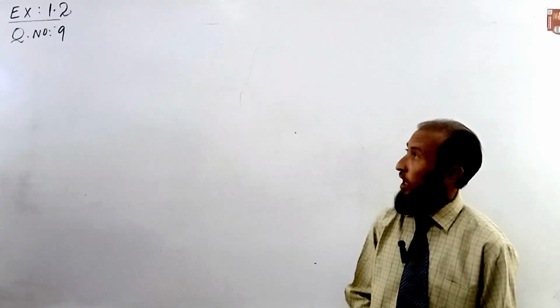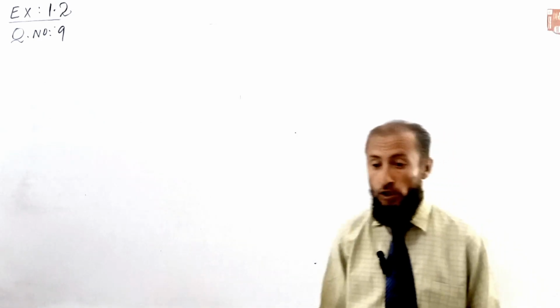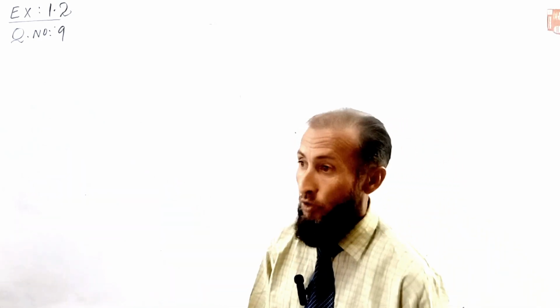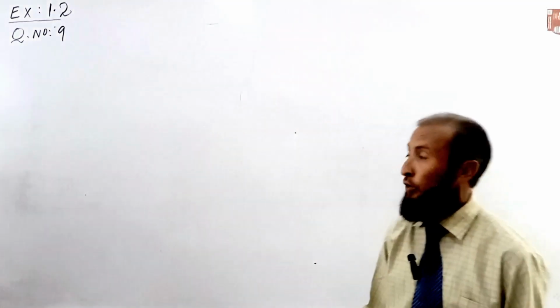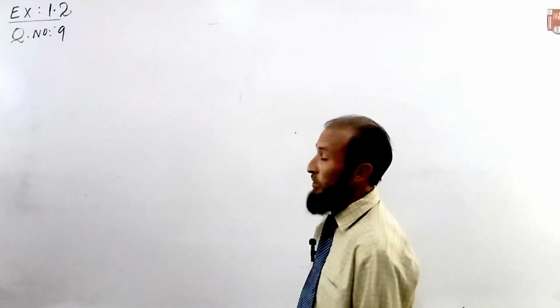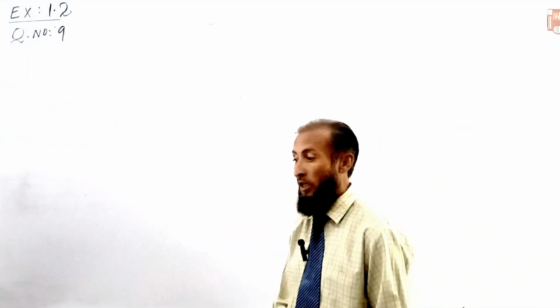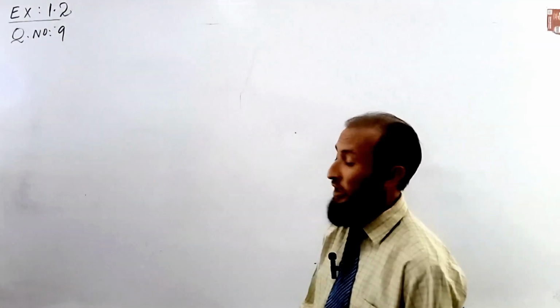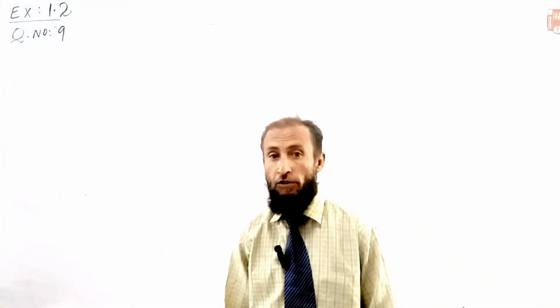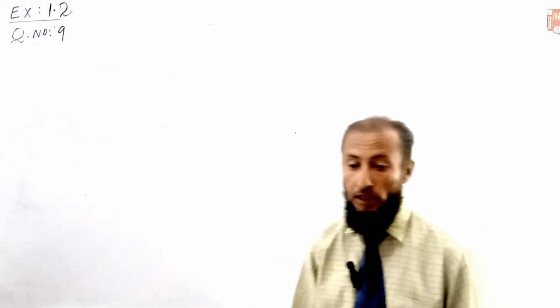So this is called simultaneous linear equations. And how many methods are used? There are two methods used for simultaneous linear equations. The first method is the elimination method and the second is the substitution method. In the elimination method, first of all, we eliminate one of the variables and then put the result into the other.